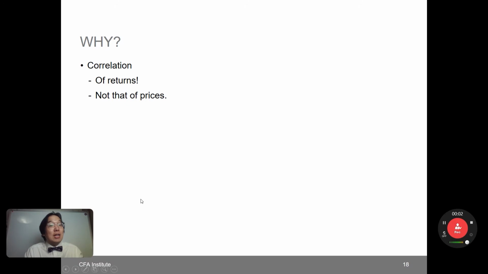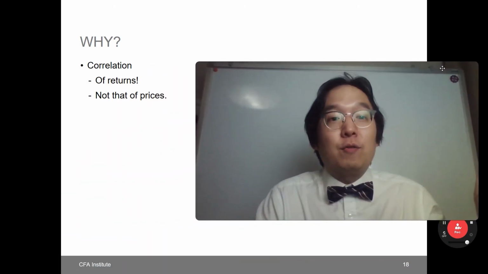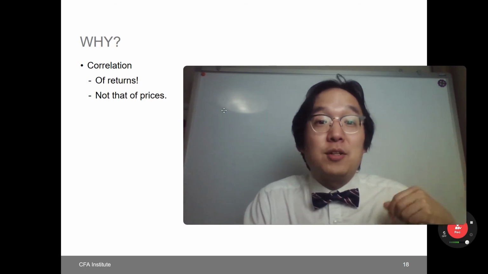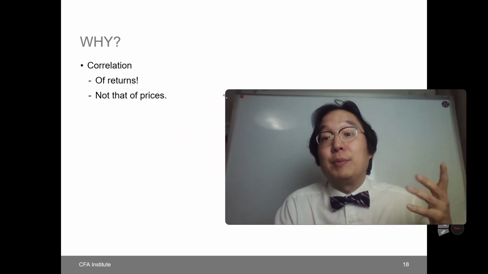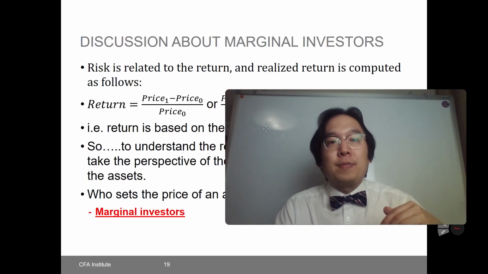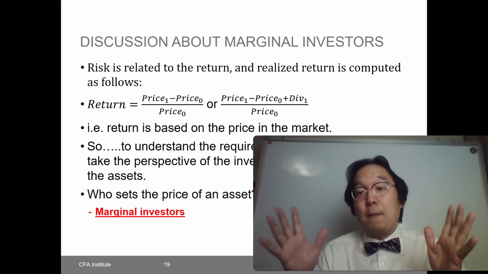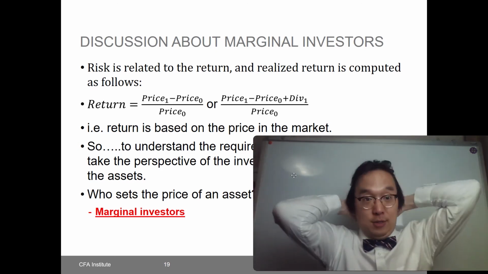Because of the correlation. Okay, not the correlation of prices, but the correlation of the returns. Right? We have to be careful a little bit. Now let's see. This discussion about marginal investors needs to be set up first to clarify your thoughts, okay?